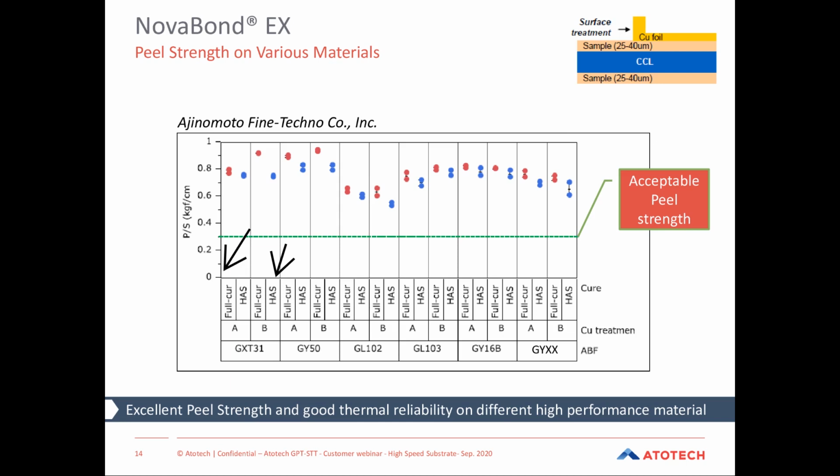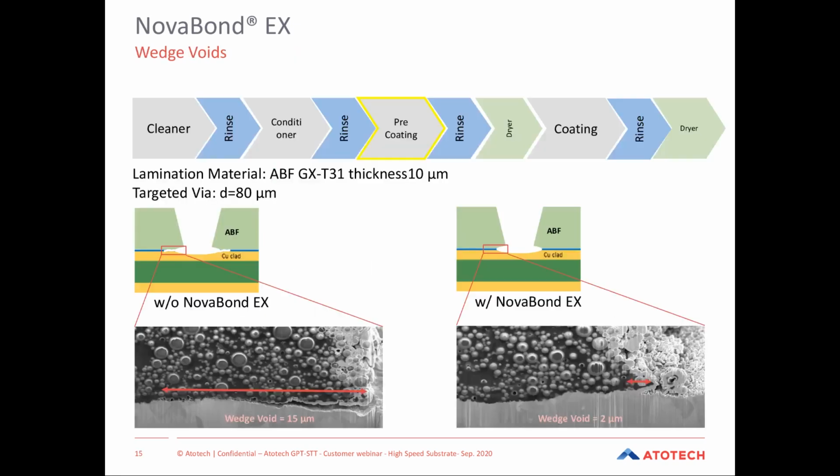Also after the HAST test, there is no significant drop of adhesion. So you can see how good the Novabond EX performance is in terms of peel strength and also thermal and humidity reliability.